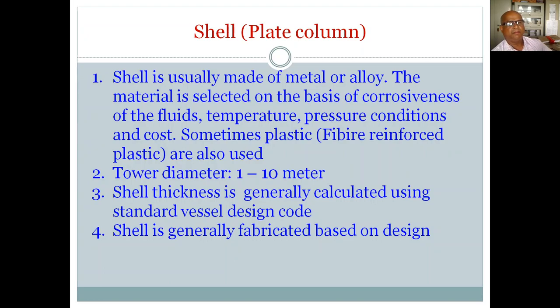Generally in the petroleum industry, where huge flow rates are there, people are using a diameter around 10 meter. But when the flow rates are less, then we'll get a diameter of 1 meter. So this is the typical range used in industry, and later in this chapter we'll learn how to determine the tower diameter.